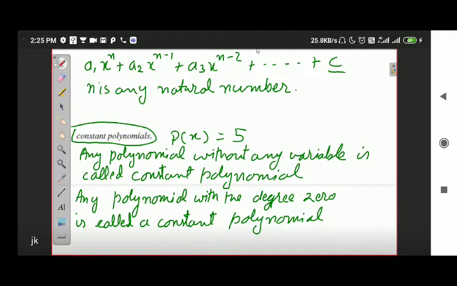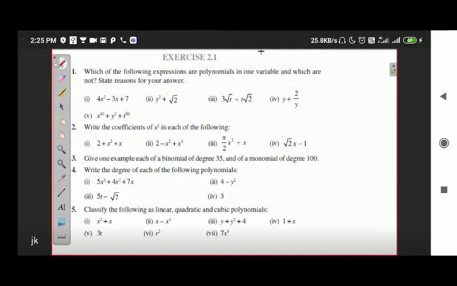Based on all this information, we are going to go through the first exercise of the chapter. In the first exercise, what sort of questions are we going to encounter? First of all, we will see how to identify whether the given statement is a polynomial or not.